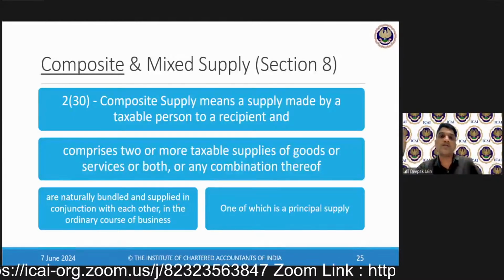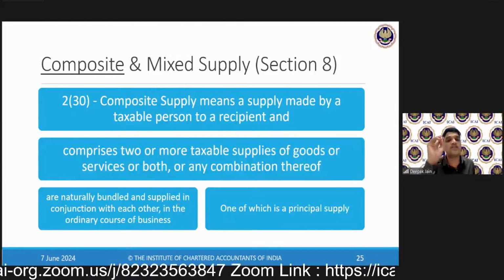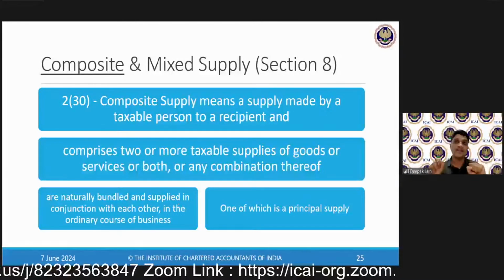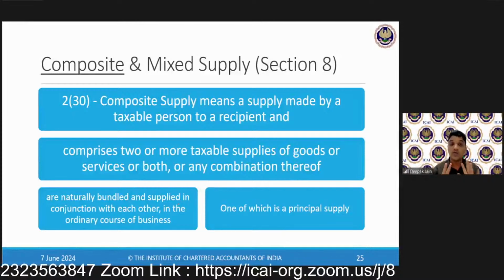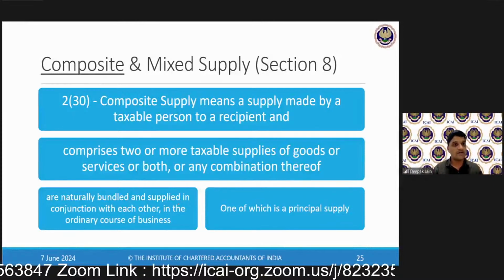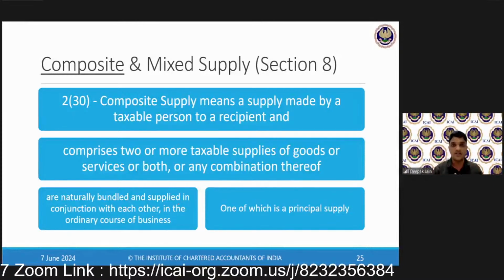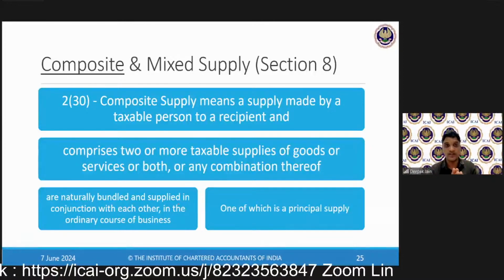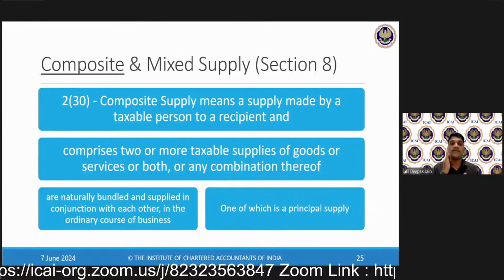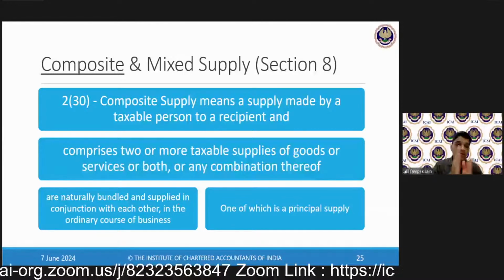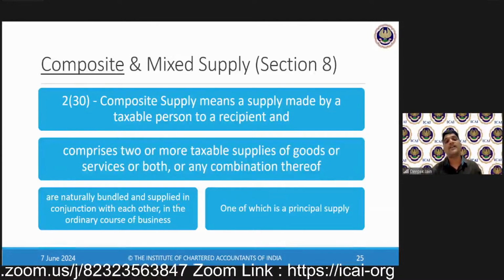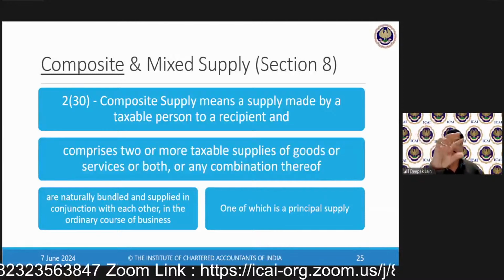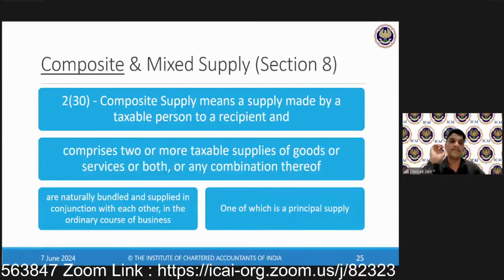I will not even ask him about the installation. There are two supplies: supplying of the air conditioner, and second, the installation. By default, these both go together. When I'm negotiating the price of the air conditioner, I will negotiate only for the air conditioner price. I will not separately negotiate for the installation because by default there is one price for the air conditioner and installation.